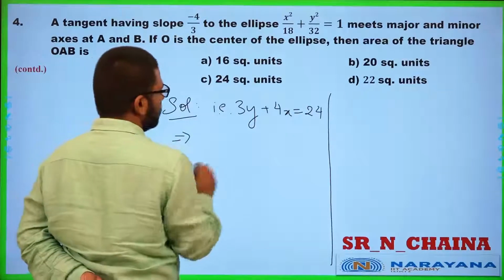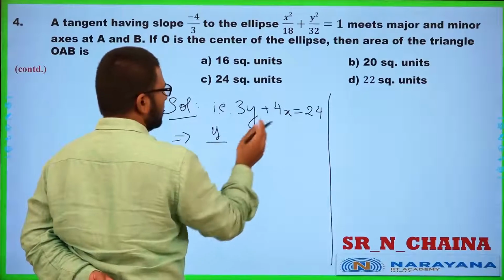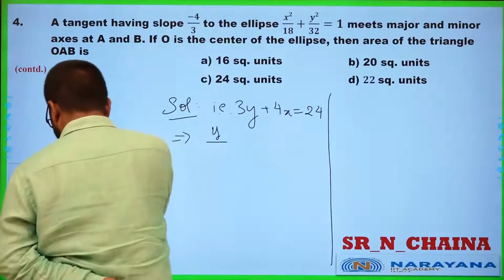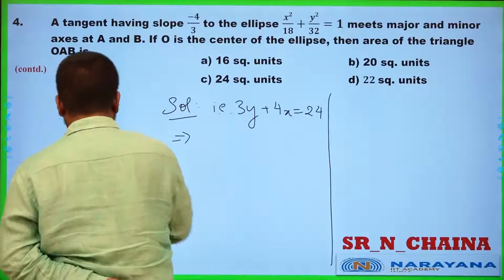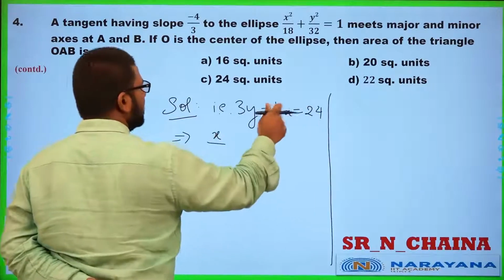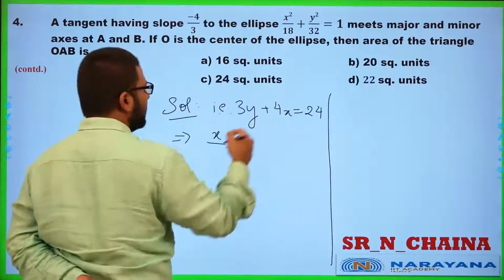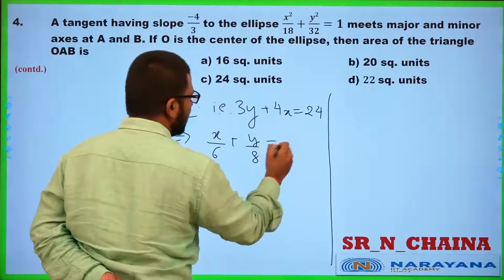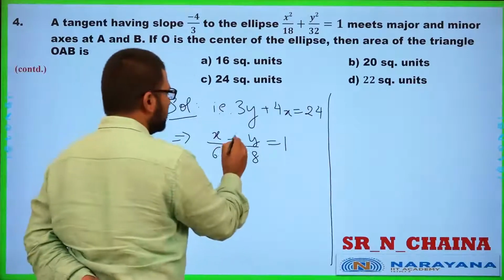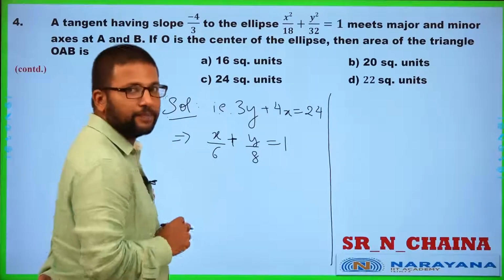So let us write x first. Bring 24 down, take 4 down. So x by 6 plus y by 8 equal to 1. That is the equation of tangent.